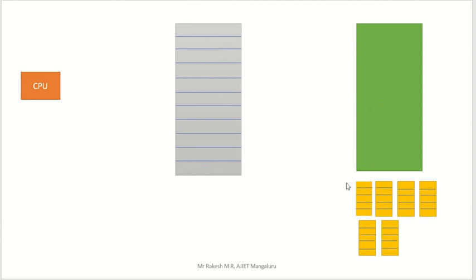Here another concept is called multi-programming. Multi-programming means we execute a lot of processes in a single memory. Because here, this is the CPU, and the CPU will execute processes present in main memory. It won't take from secondary memory. The CPU will take the process from main memory itself.